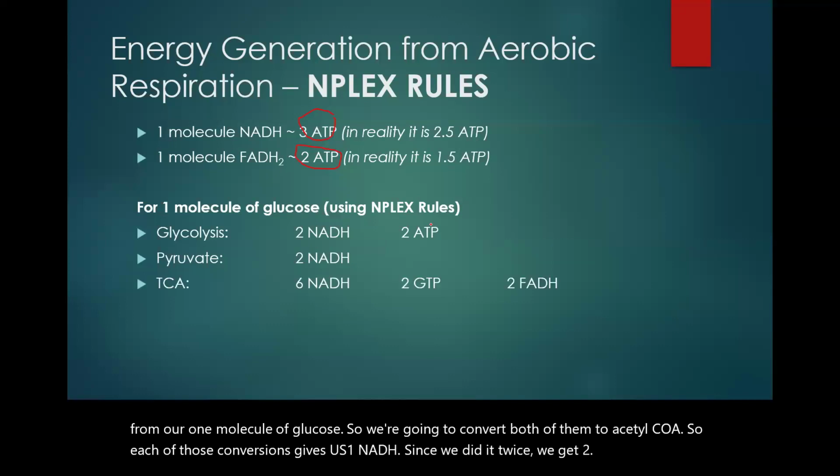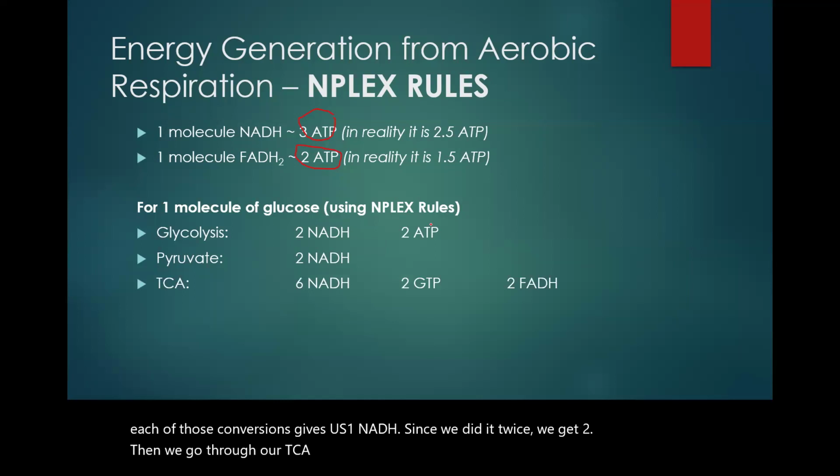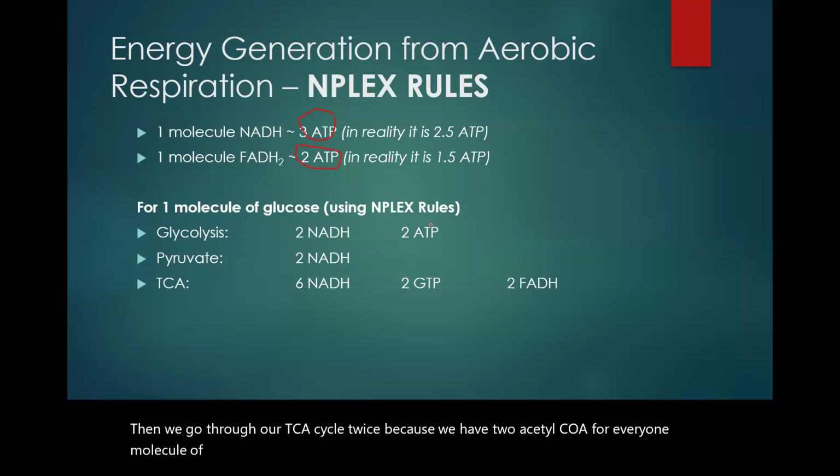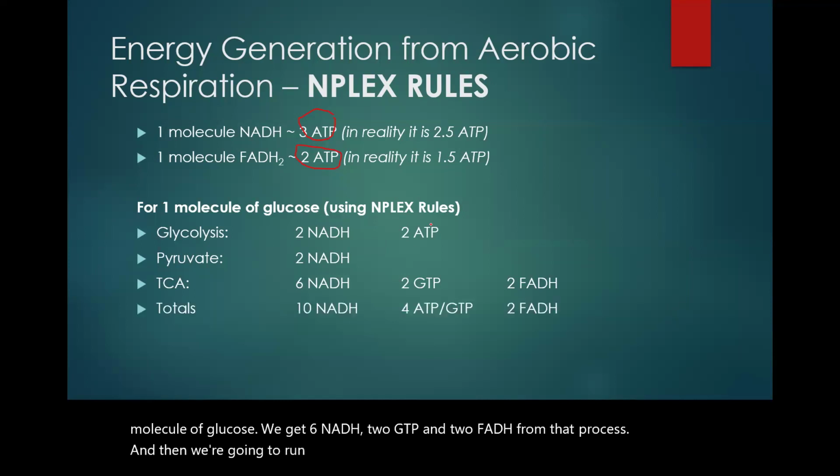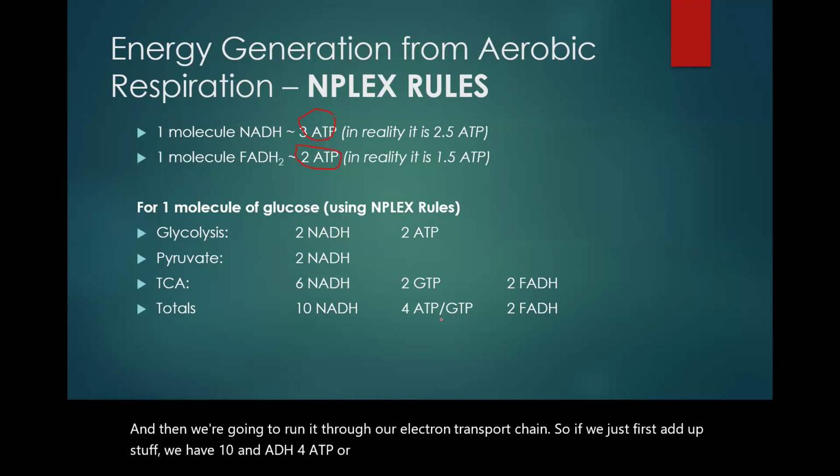Then we go through our TCA cycle twice because we have 2 acetyl-CoA for every 1 molecule of glucose. We get 6 NADH, 2 GTP, and 2 FADH from that process. And then we're going to run it through our electron transport chain. So if we just first add up stuff, we have 10 NADH, 4 ATP or GTP, which can be used interchangeably, and 2 FADH.